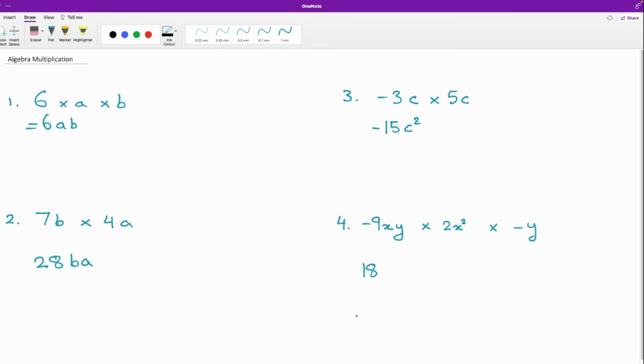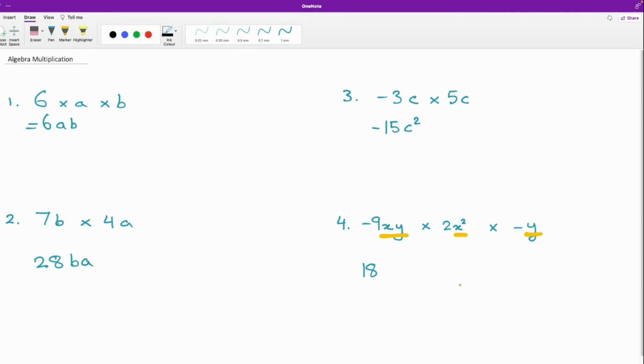Our final step is to group those pronumerals together. We have over here xy, x squared, and y. So let's group those x's together first. X times x squared. Because they are like pronumerals, there's going to be an addition in the power.